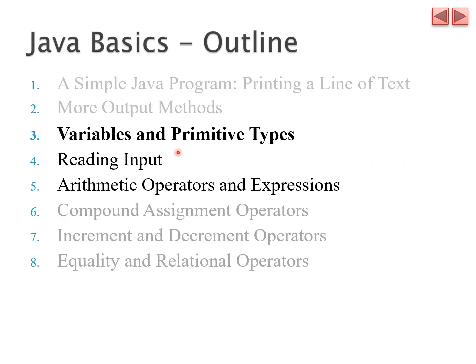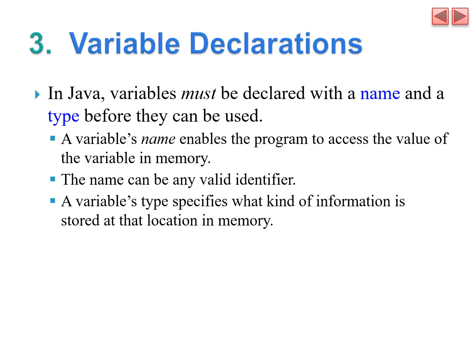Now we move on to section 3 of Java Basics, which is about variable declarations and primitive types. As mentioned in the algorithm designs, most computer programs will use variables as a placeholder for data.